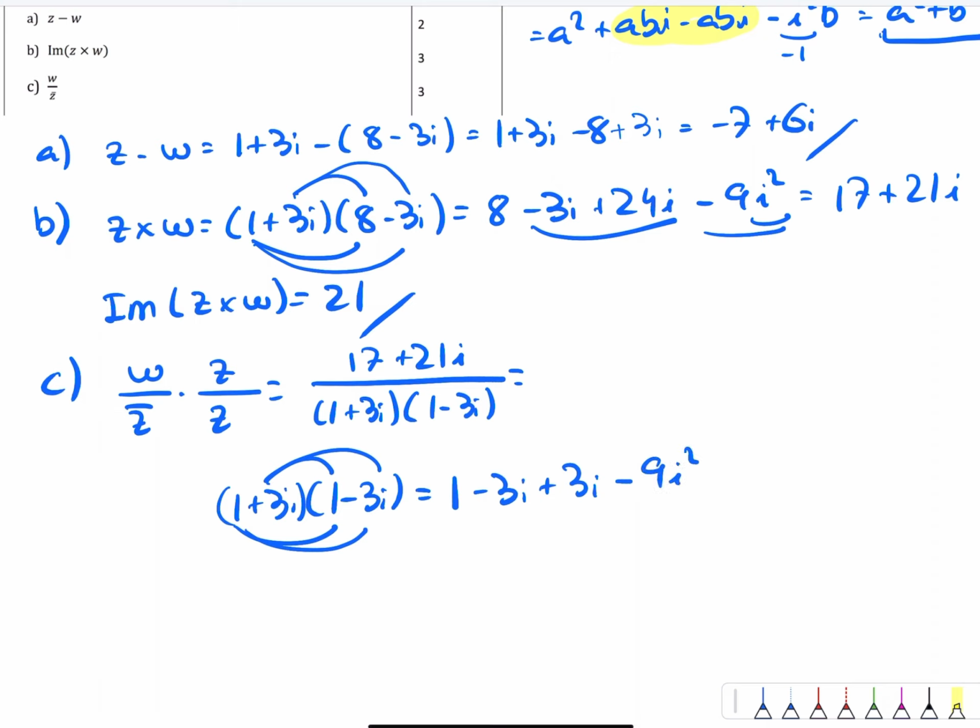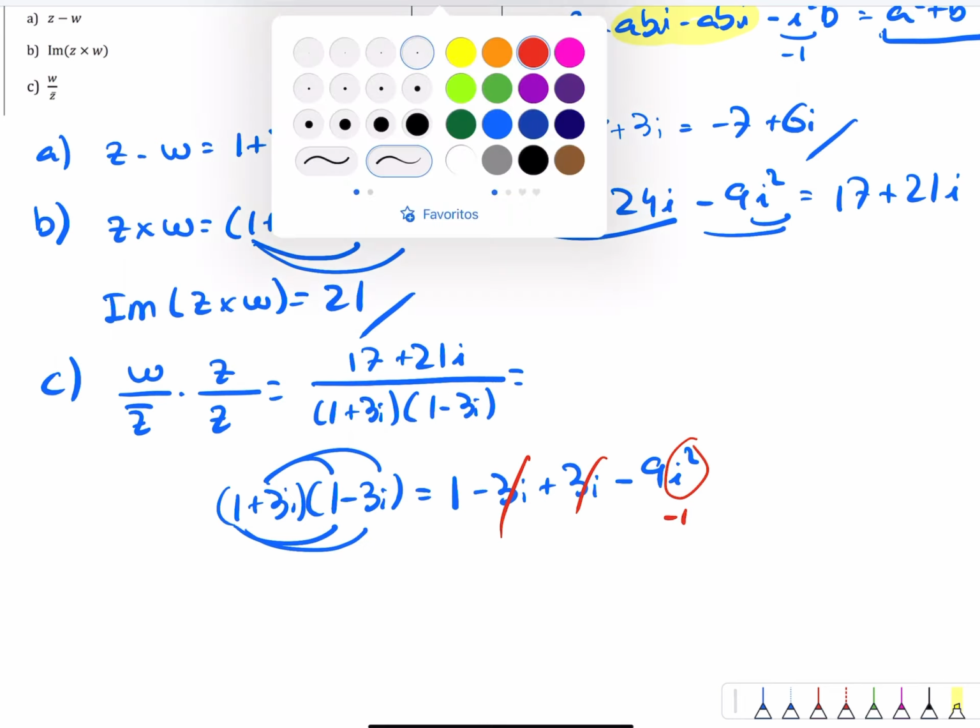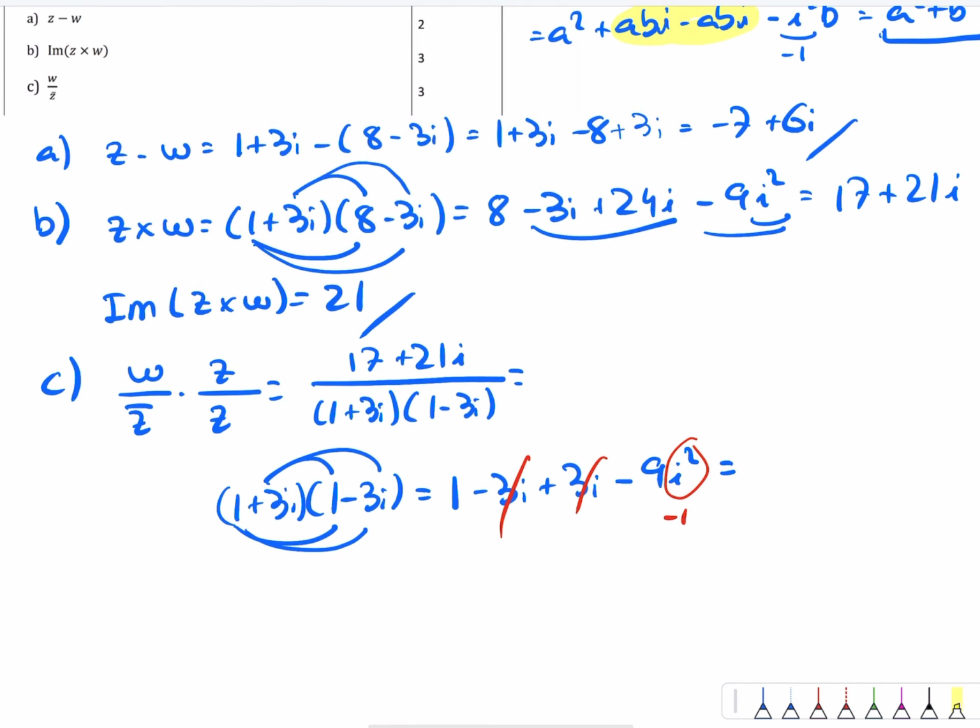This cancels with that. And i squared is equal to -1, which means that this is just equal to 1 plus 9, 10. So what we get here is 17 over 10 plus 21 over 10i. And now we've got the right form of the number.